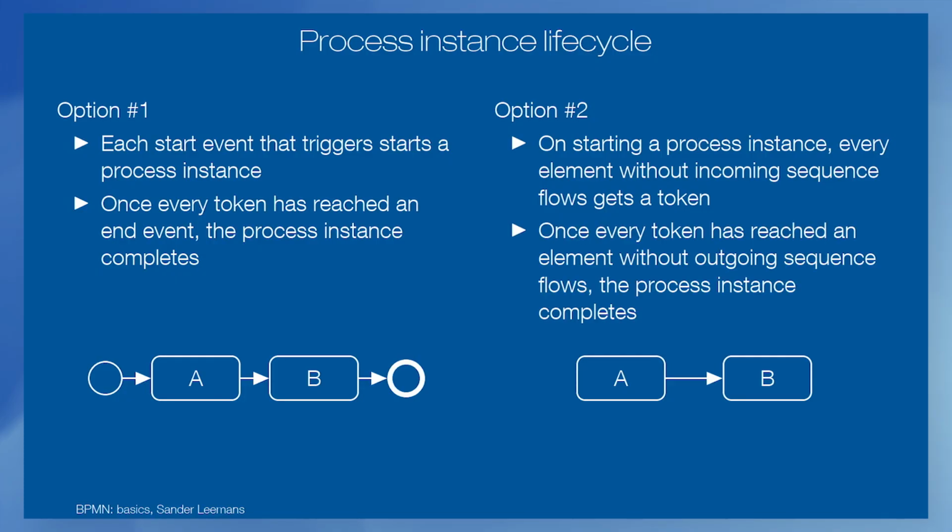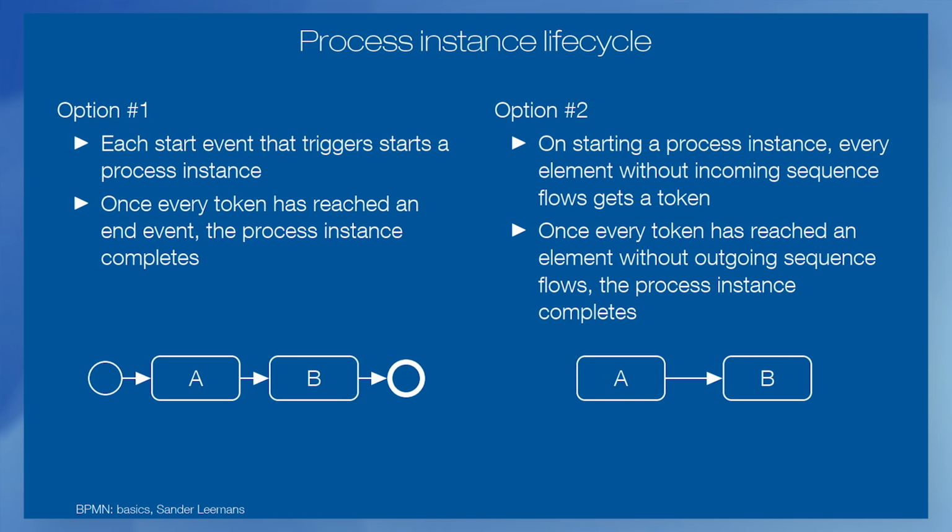There is a small difference between the left and the right, option 1 and 2. In option 1, if you start a process instance, only one start event will be executed. On the right, with option 2, without the start events, all elements that have no incoming sequence flows will be activated.